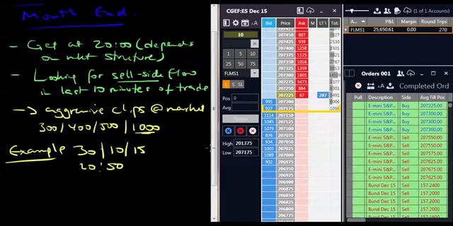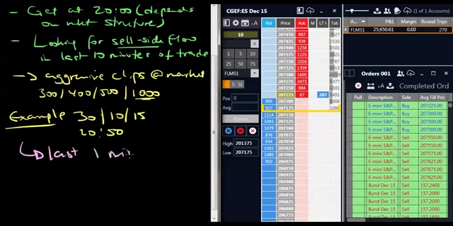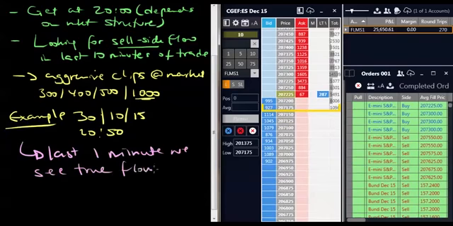Unfortunately, it stopped a little bit ahead of time on the replay software, but notice very clearly, if I have to point this out, it's the last 1 minute we see true flow, and especially the last 10 to 20 seconds.